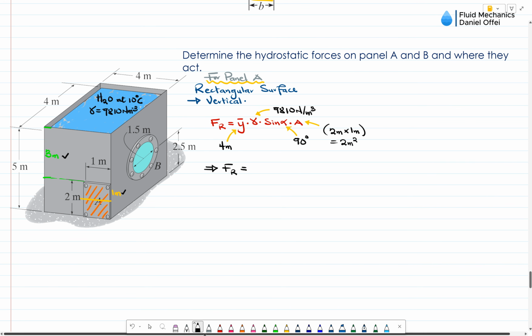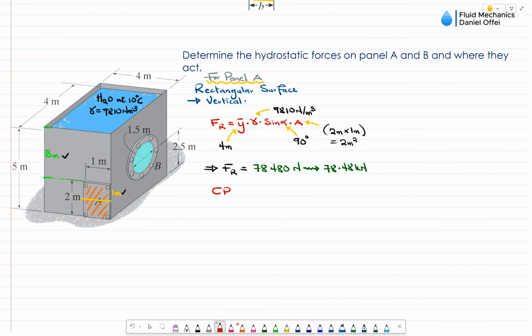So we finally arrive at a resultant force which is 78,480 newtons or 78.48 kilonewtons. To determine the position at which the resultant force acts, we use the formula for center of pressure, which says that y bar plus I bar over y bar times area is equal to the center of pressure. This surface is a rectangular surface, so we need to determine the I bar, which is BH cube over 12.